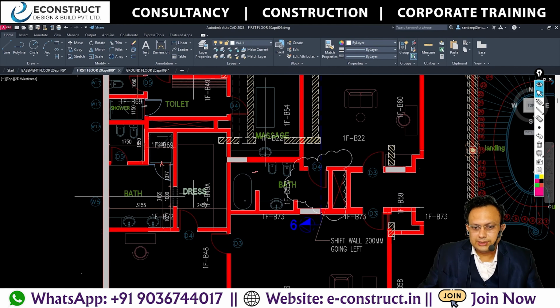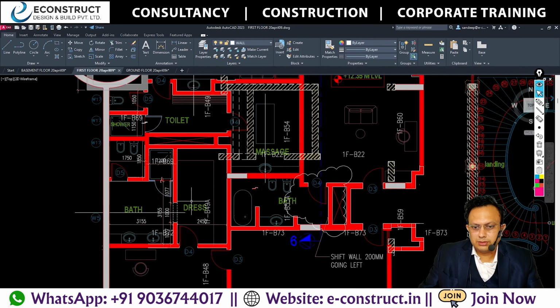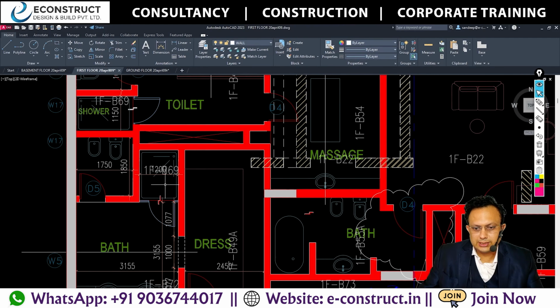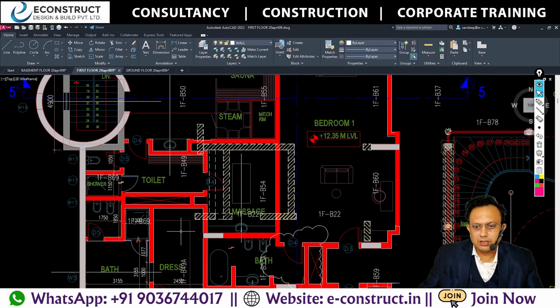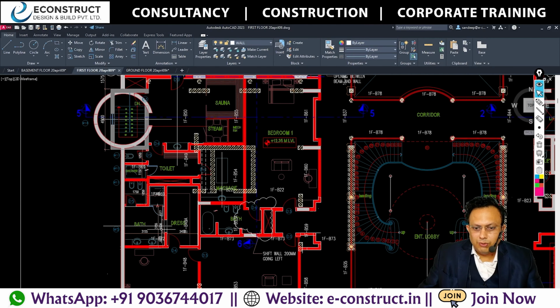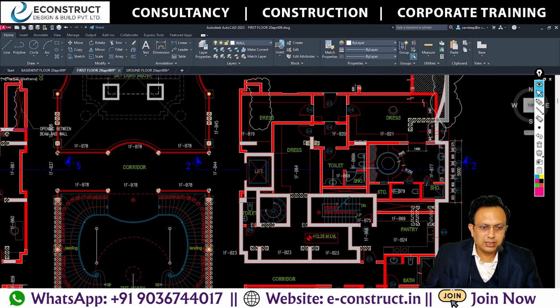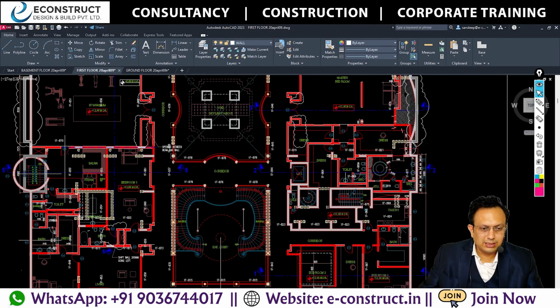Again here there is a dressing room, bathroom, and all the other arrangements. So WC is there, then shower is there and all. But you will not see the kind of facilities that are available over here that are available over here.